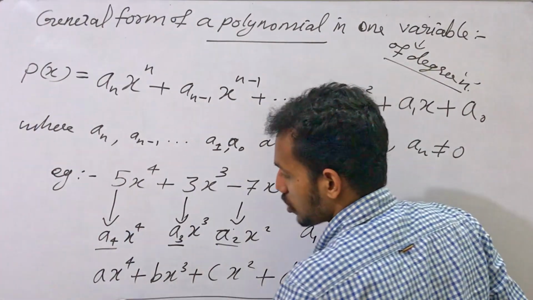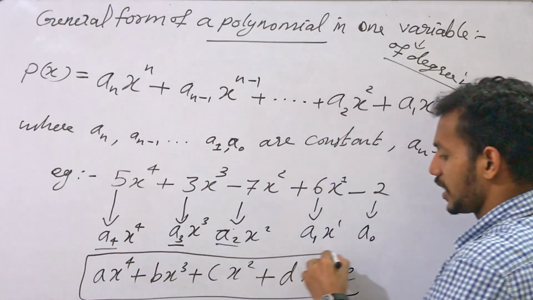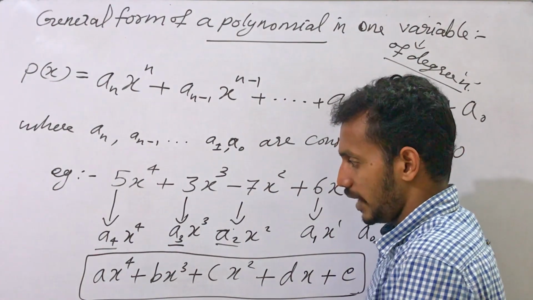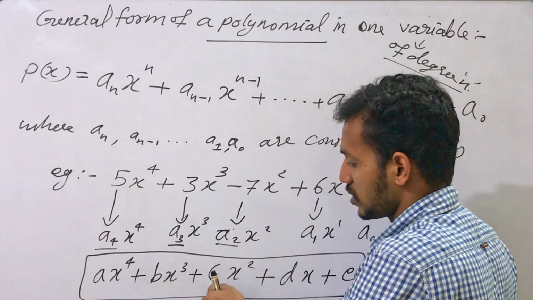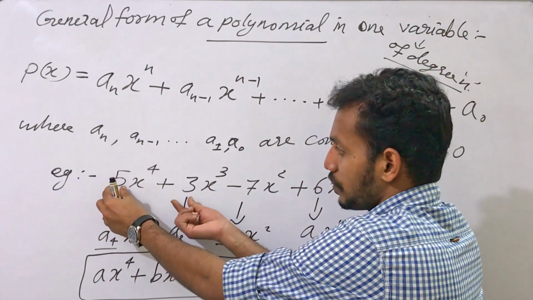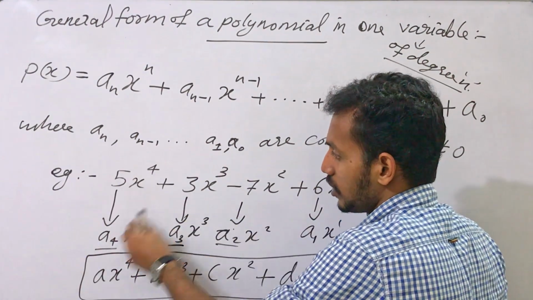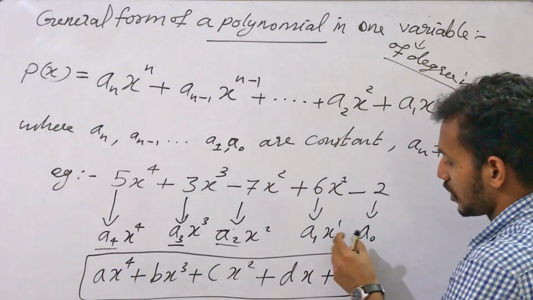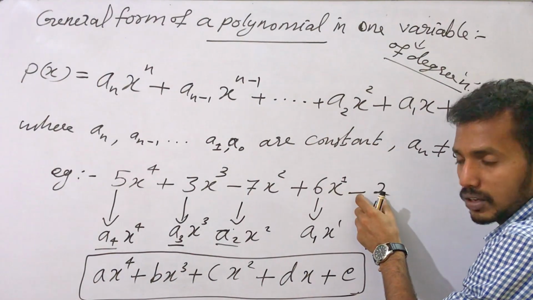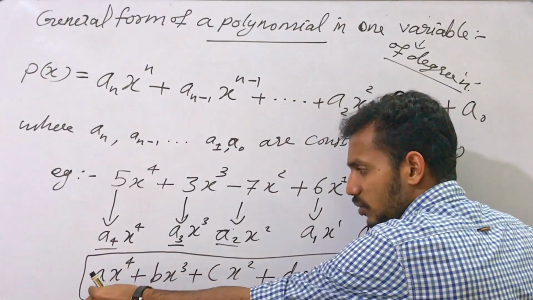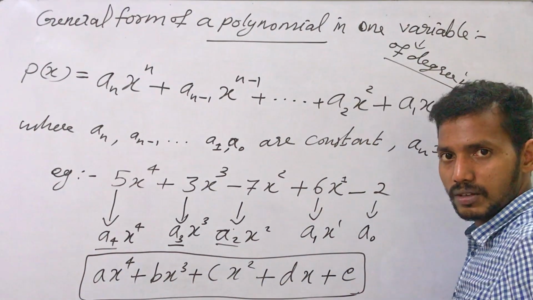So this is the most convenient way of representing a polynomial in general form. Clear? ax raised to 4 plus bx cube plus cx square plus dx plus e. Because these constants are all different: a is 5, b is 3, c is minus 7, d is 6, and e is minus 2. Instead of writing a4, a3, a2, a1, it's better to write a, b, c, d, e.